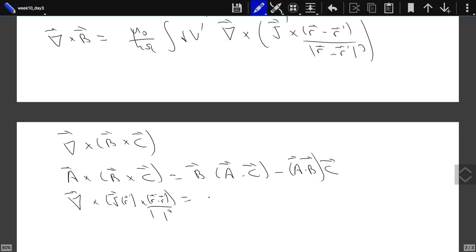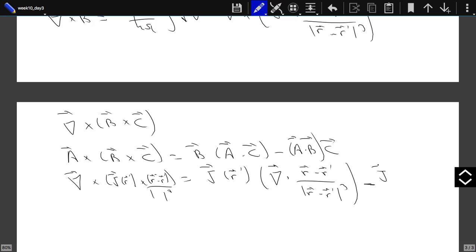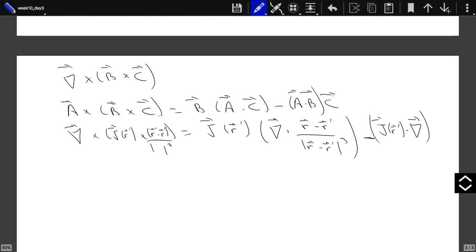This will be equal to J of R prime times the divergence of R minus R prime over R minus R prime cube, minus J of R prime, the del operator acting on R minus R prime over R minus R prime cube.